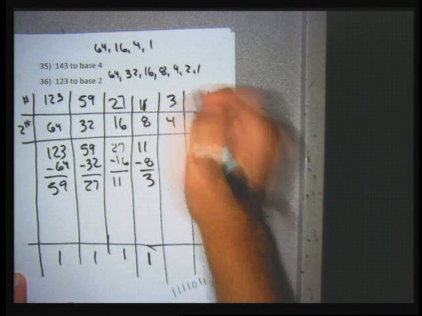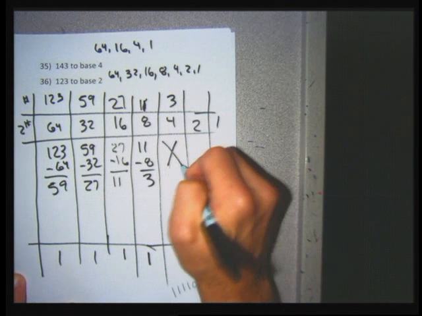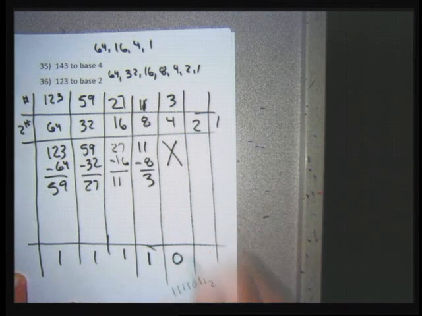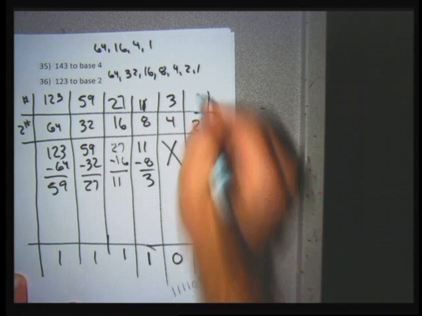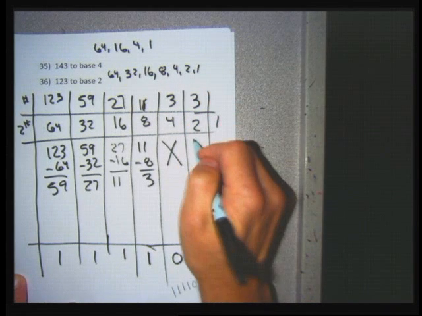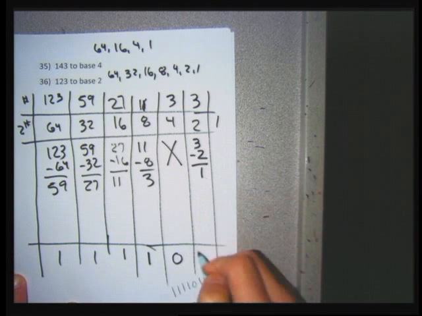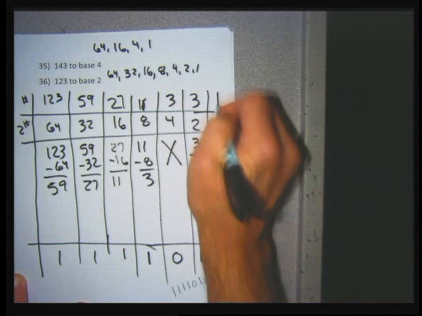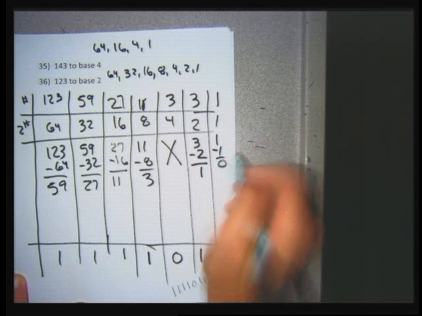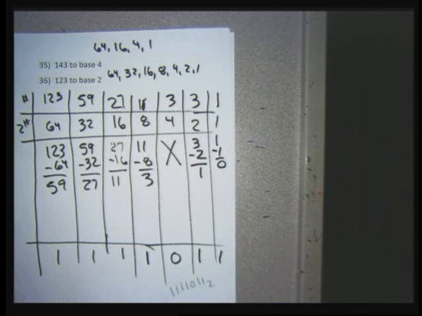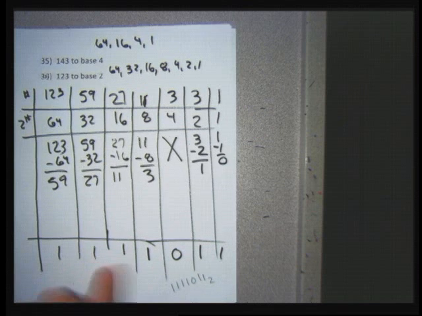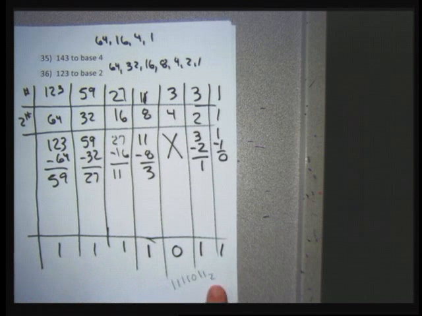Bring my 3 up. 3 minus 4 is negative. Can't subtract that. Put a 0 down there. Carry my remainder over. 3 minus 2 is 1. Done subtracting there. Put a 1 up there. Bring my remainder over. 1 minus 1 is 0. Was able to do that 1 time. So my answer should be 1, 1, 1, 1, 0, 1, 1 base 2.